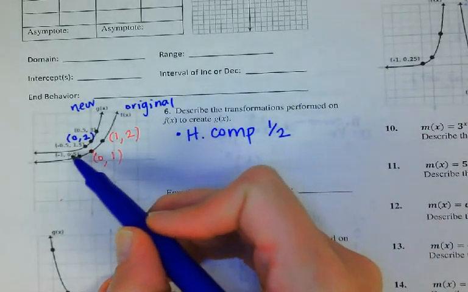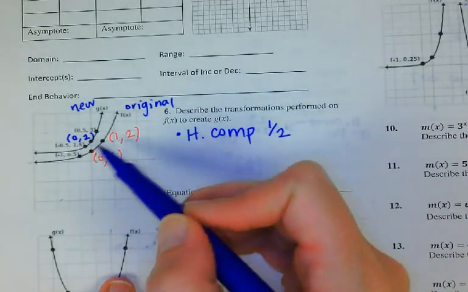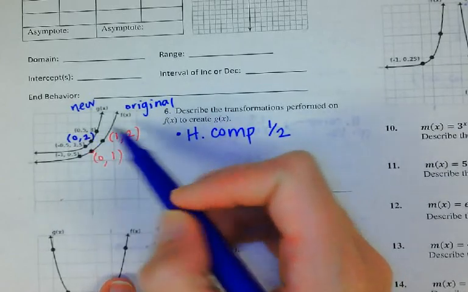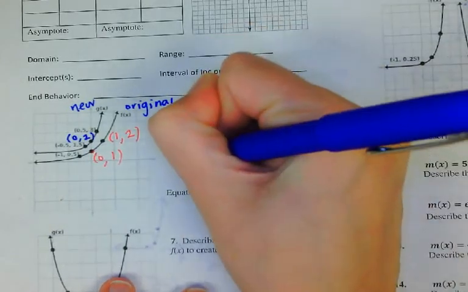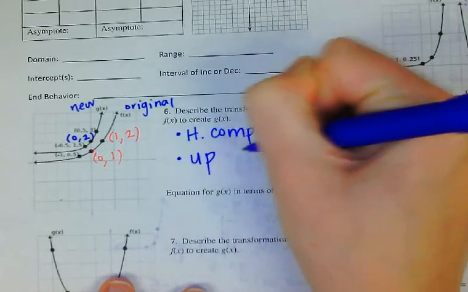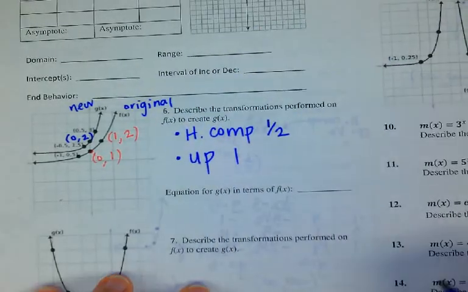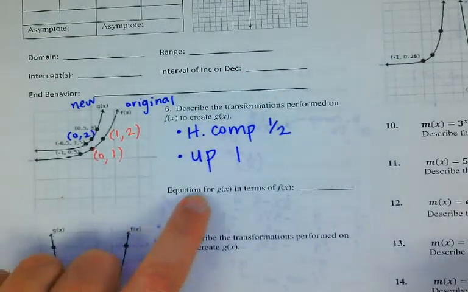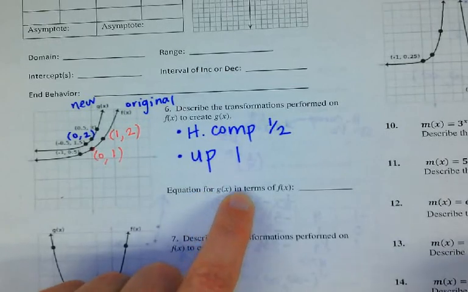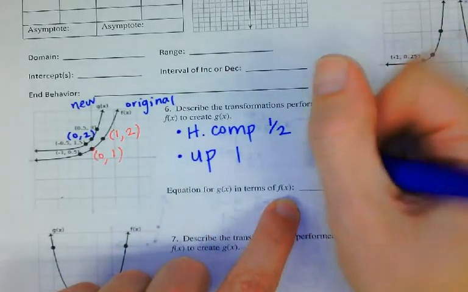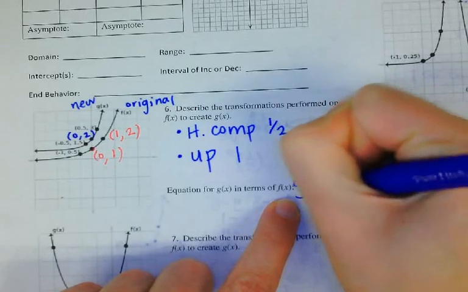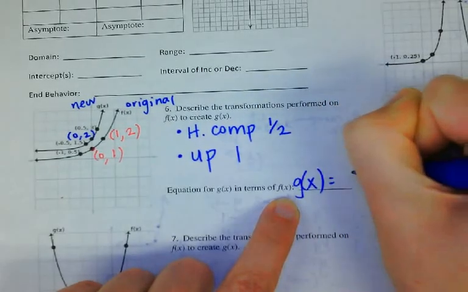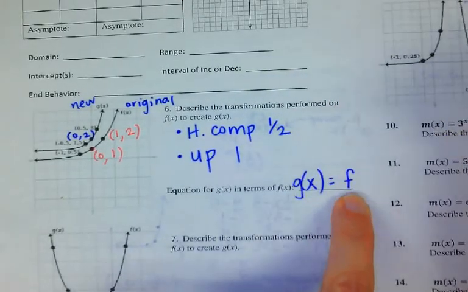When I compare all the y's, 0.5 became 1.5, 1 became 2, 2 became 3. It looks like it just shifted up 1. So when it says write an equation for g of x in terms of f, and we can go over this more next class, but this is where I want to include the f in my equation.